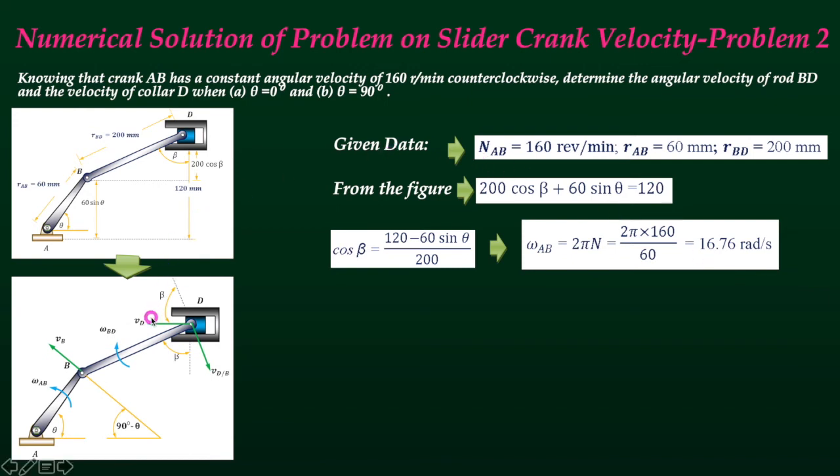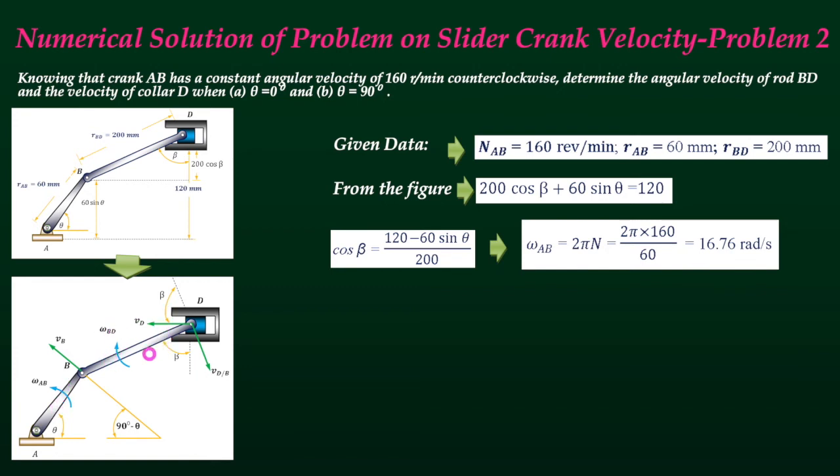Now let's draw the velocity diagram like the first one, as here this motion is anti-clockwise. So VB is definitely tangential to the link AB at point B, but the direction is opposite to problem 1. And as it is moving anti-clockwise, this link is relative to this one.